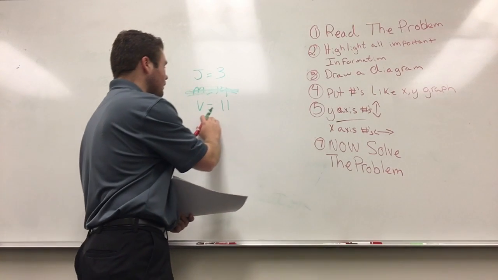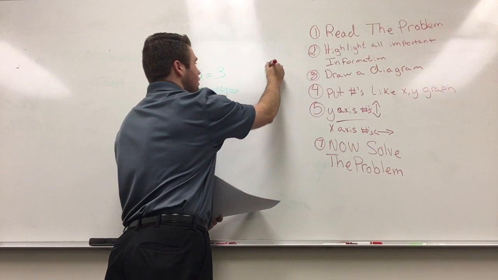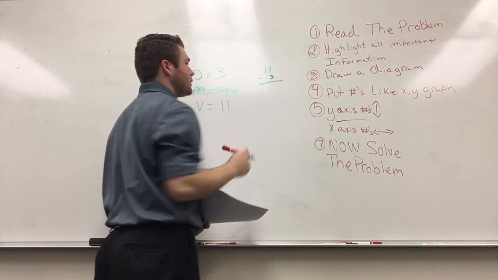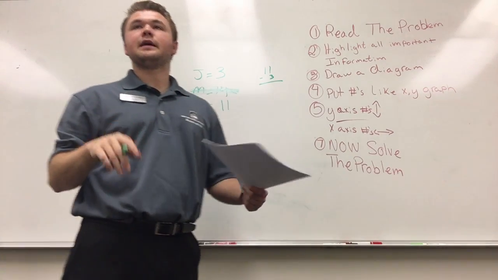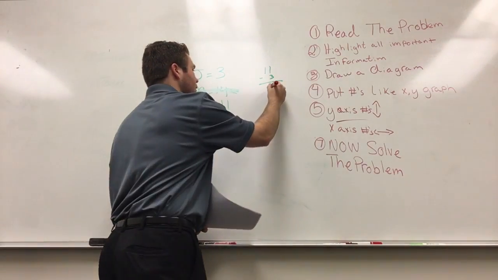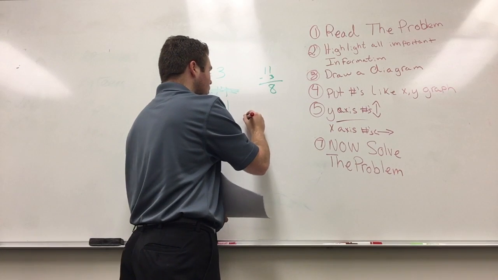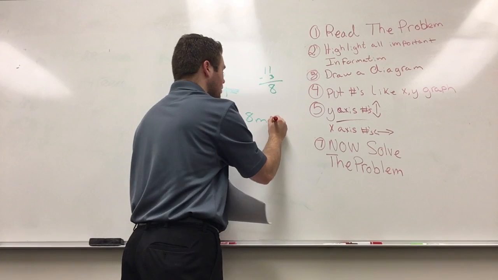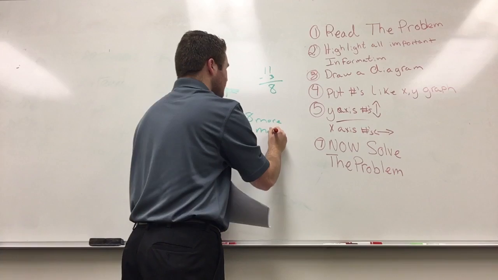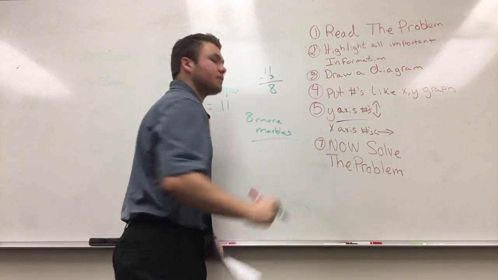So we're only looking at Victor and John. We only need to know the difference, right? 11 minus 3 is 8. Very good. So Victor has 8 more marbles. 8 more marbles is our answer.